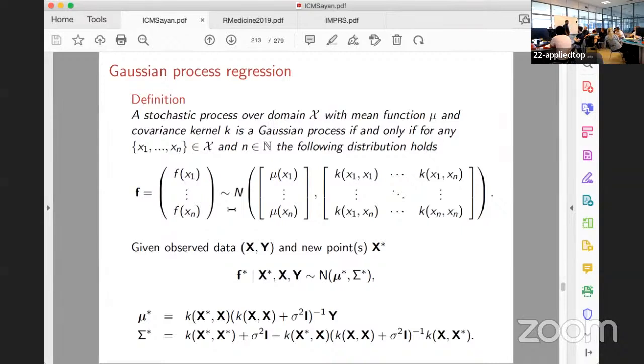Everyone's okay? And let's say I have some notion of loss. So I say y_i is equal to some function f of x_i plus epsilon_i. So f is some nonlinear function.